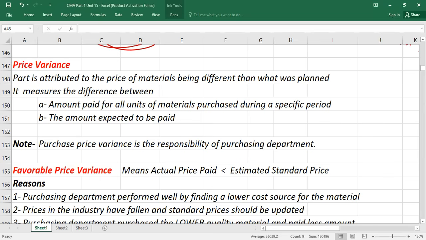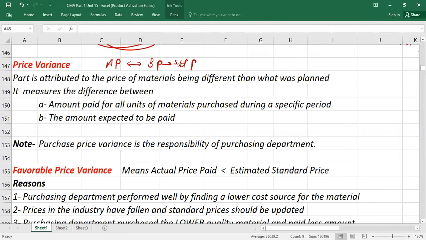So what is the material price variance? It's a very simple idea. If your actual price is different from the budgeted price, which is also called the standard price, this will give you price variance.